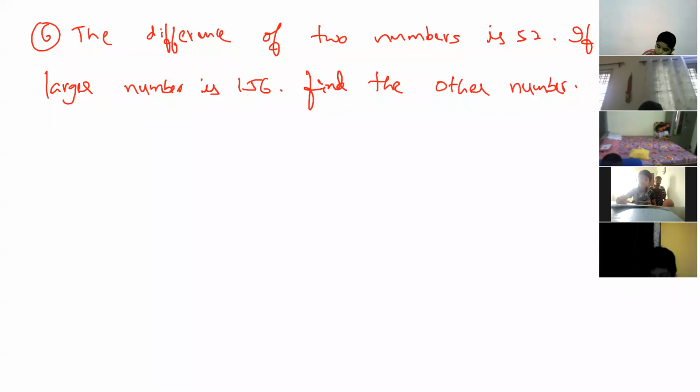Chiranjeevi, unmute yourself. Explain the answer. Ma'am, we should put A minus B equals 52. The larger number is 156.